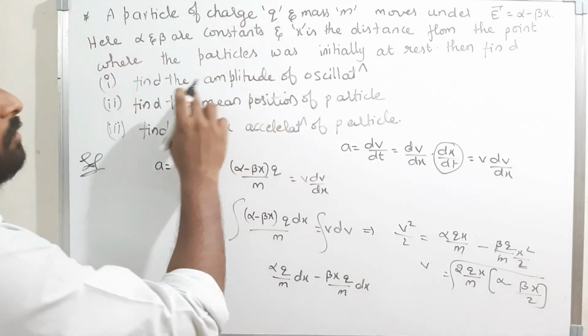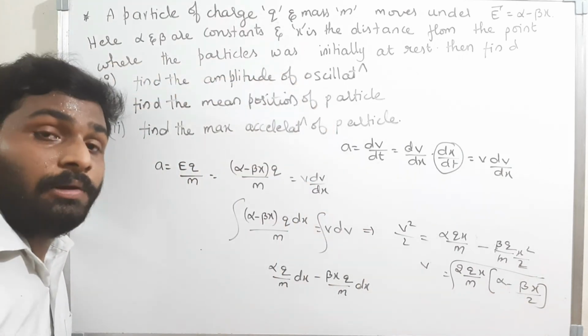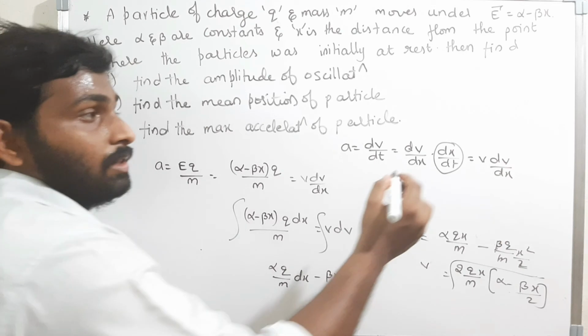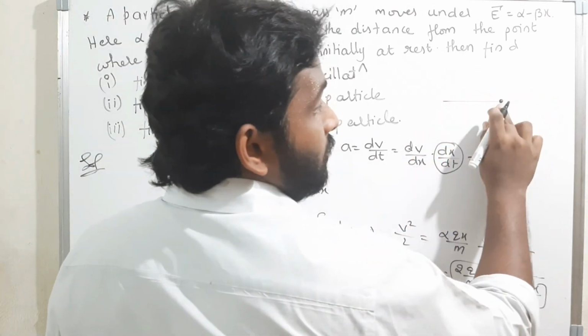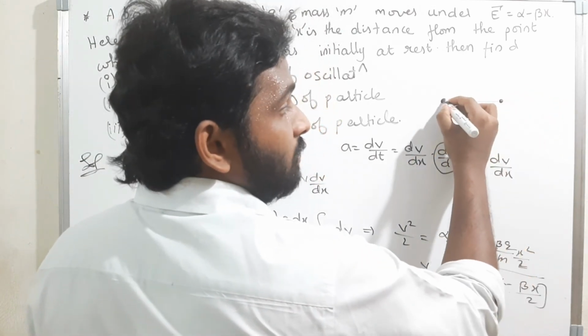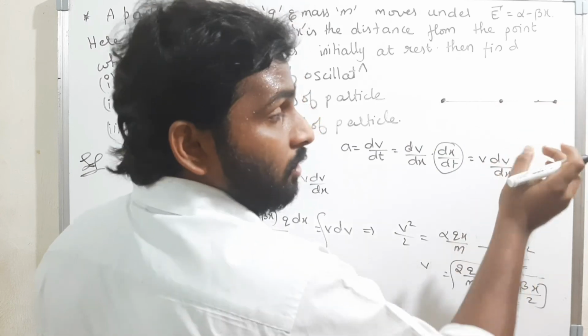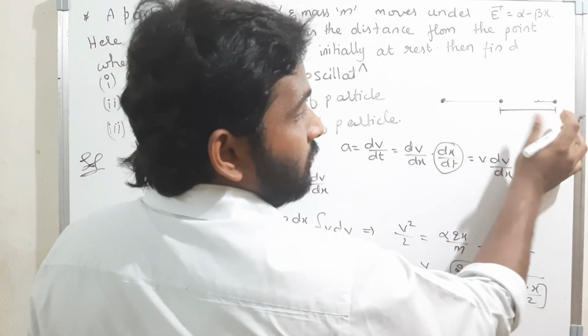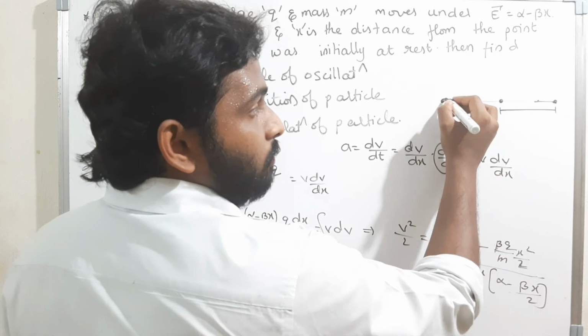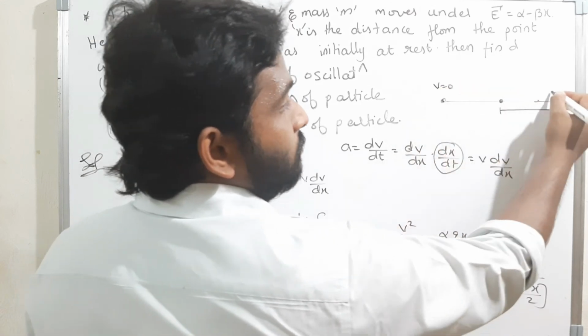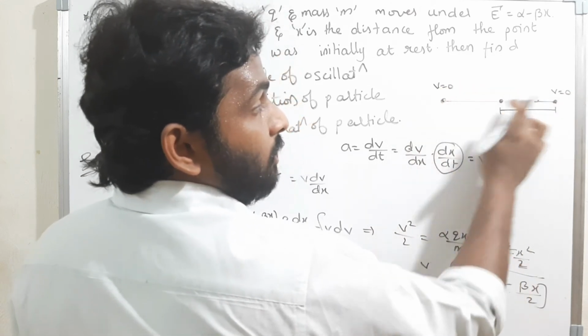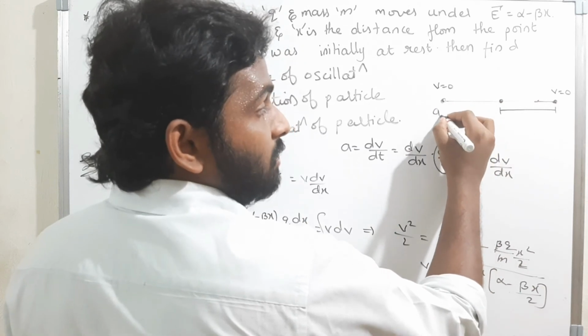Now when they told us to find the amplitude, what is the meaning of amplitude? This is the mean position of the body, and these are the extreme positions. The amplitude is the distance between the mean position and the extreme position. At extreme positions, the velocity of the body is 0 and the acceleration is maximum.